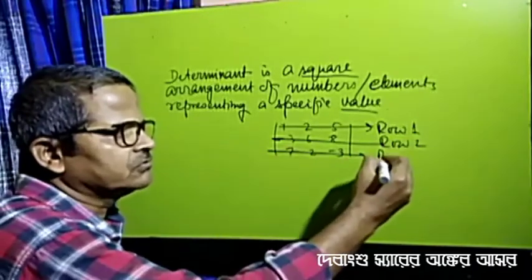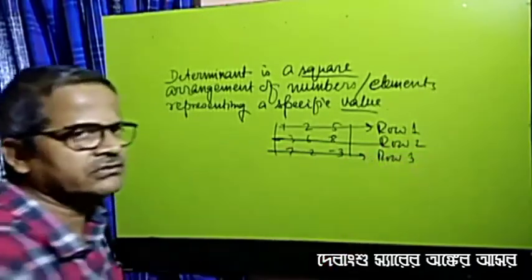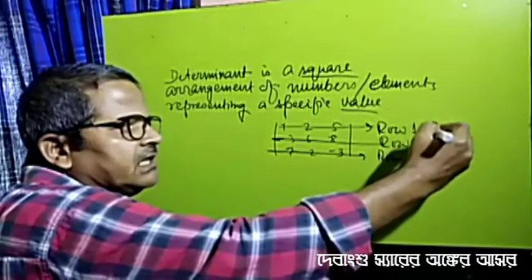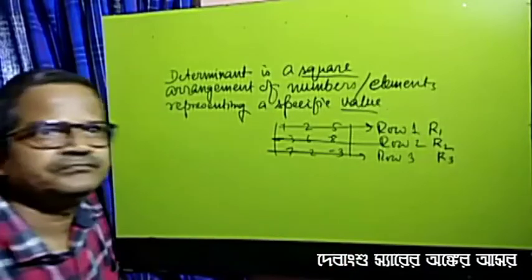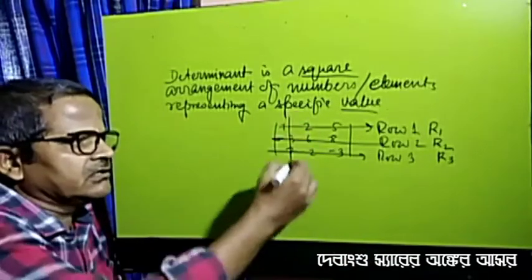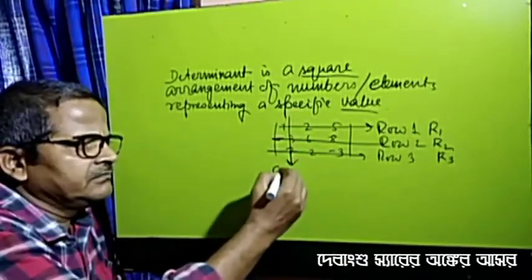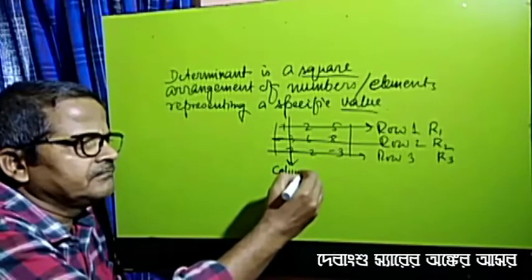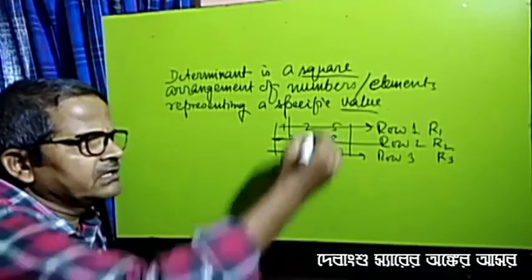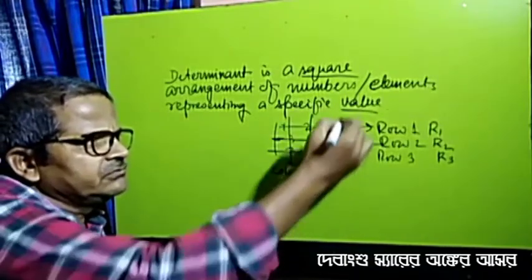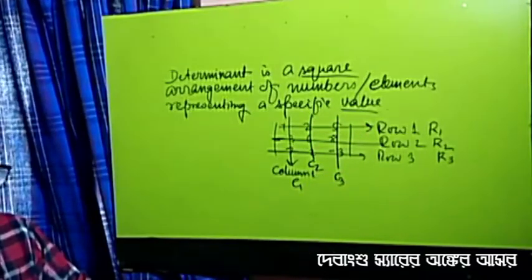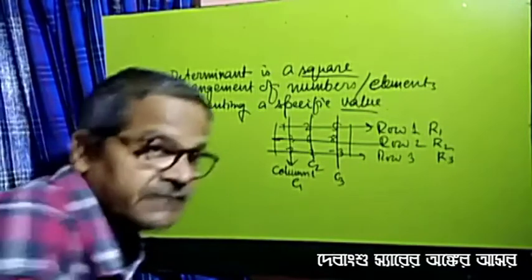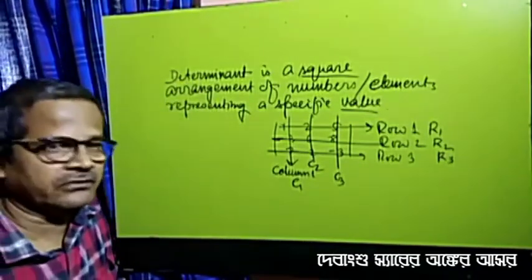This is called row 3 or third row, and denoted by R1, R2, and R3. These are called column 1 or C1. Likewise, it is C2, it is C3. So in case of a fourth order determinant, there will be C4 and R4 also.